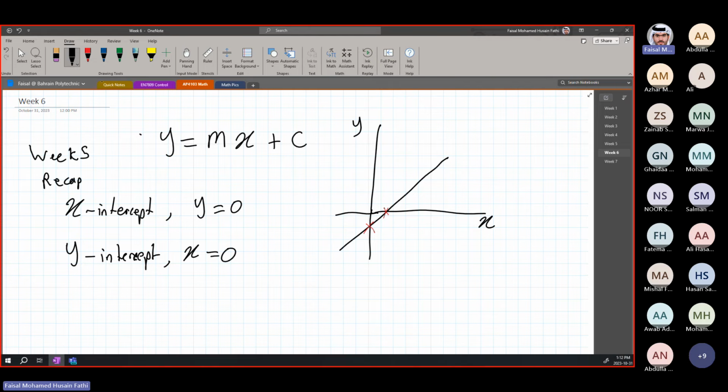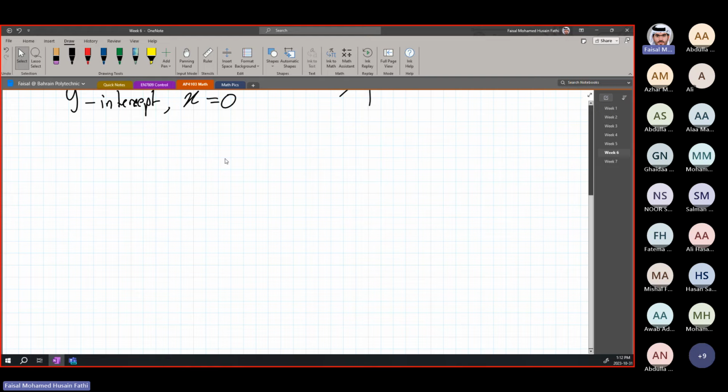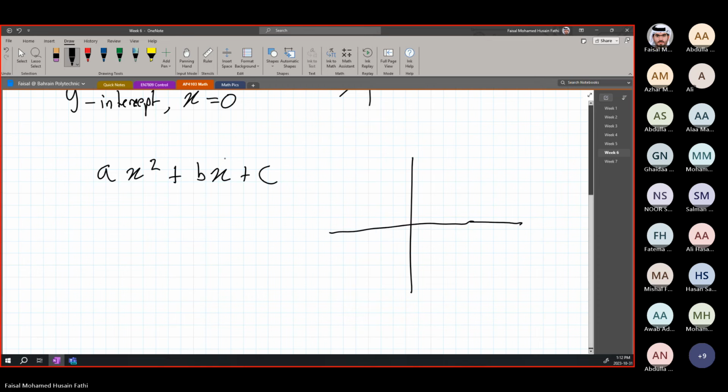Now in week 6, we are going to start graphing parabolic equations, or quadratic equations, I should say. You remember the quadratic equations that are ax squared plus bx plus c. Their plot will look something like this.